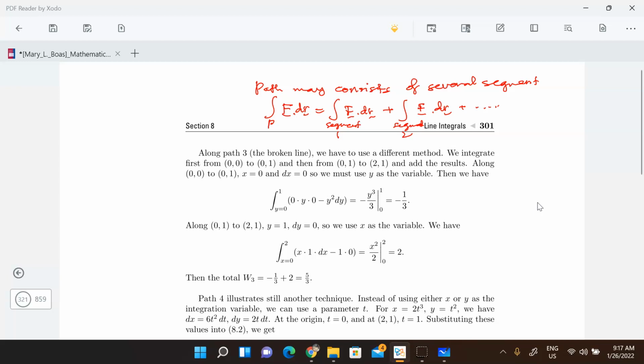Okay, so in our case over here, there are two segments. One is a vertical path, going from (0,0) to (0,1).